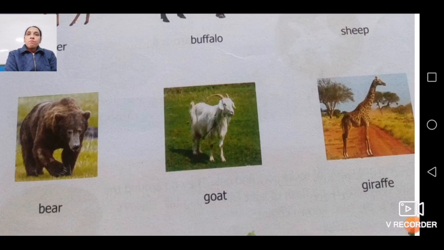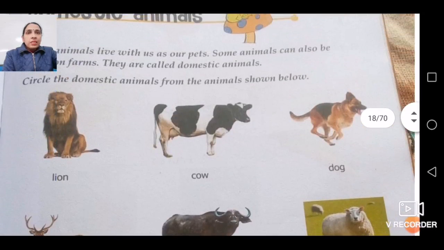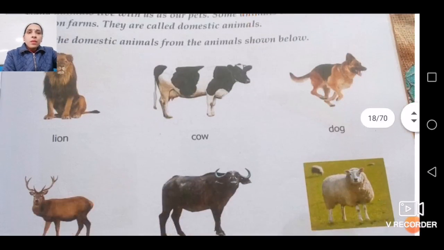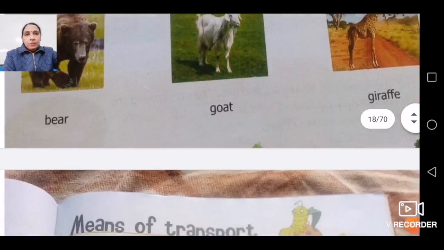Those who live in our houses are known as, yes, pet animals. So in that category we have done this exercise also. And in this exercise, instead of circling only the domestic animals, I have explained all those animals and which category they fall in.